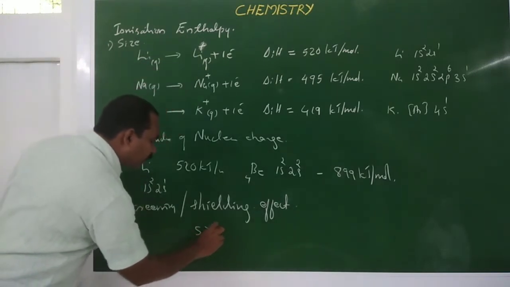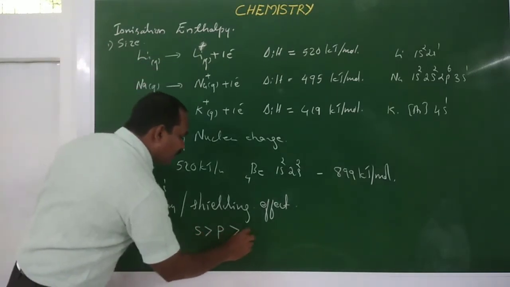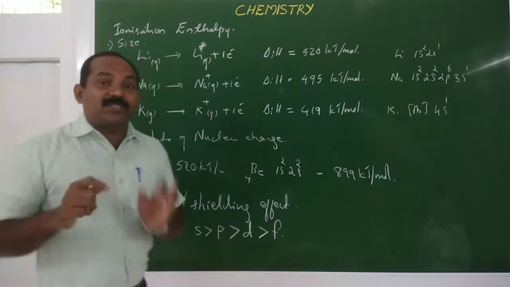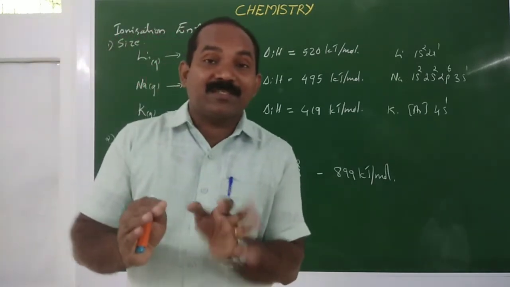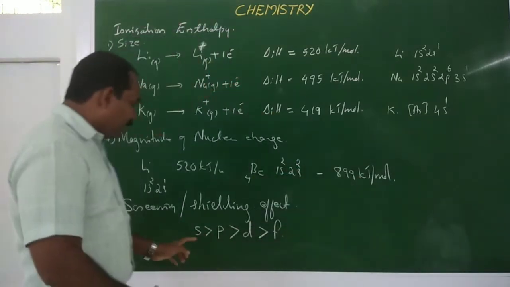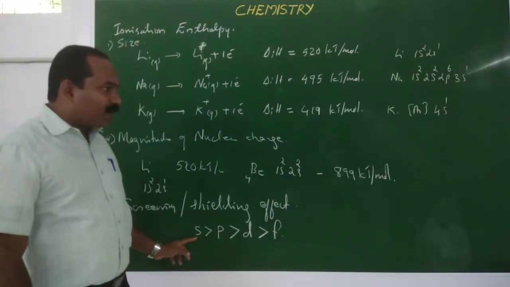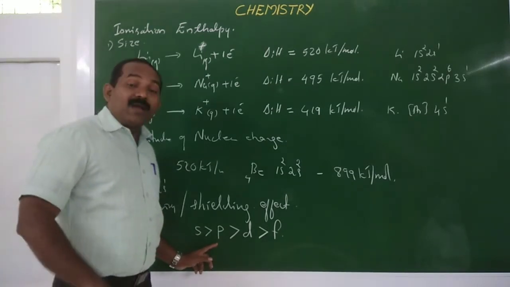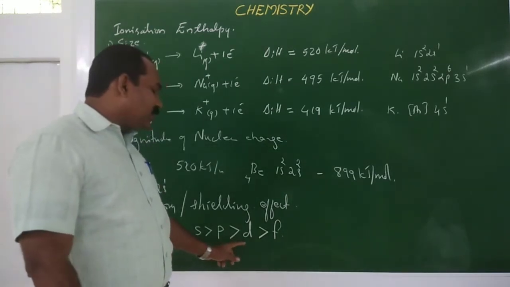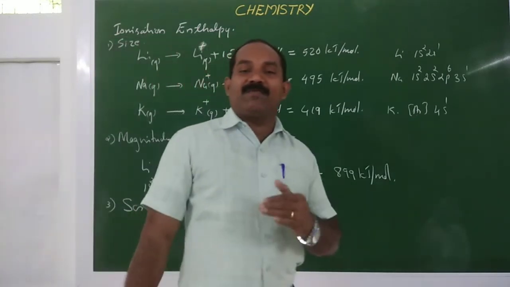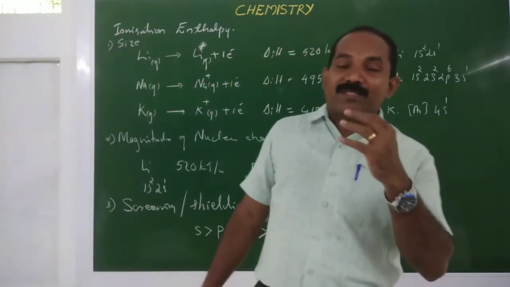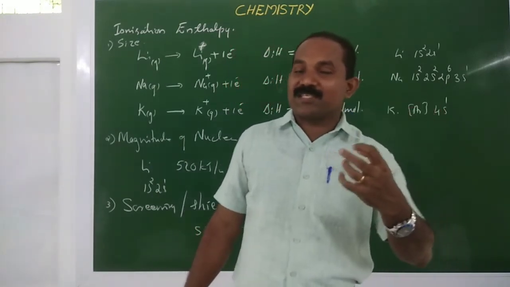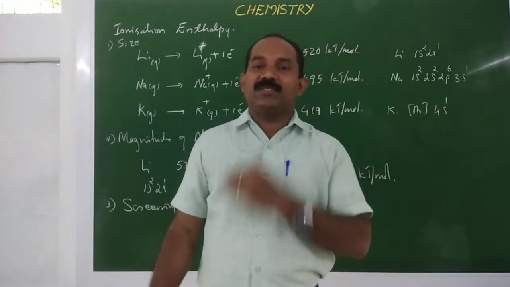S screens more than the P, than the D, and than the F. So which orbital screens more effectively? S orbital. Okay, S orbital screens more effectively than the P orbital, than the D orbital, than the F orbital. Okay, so screening effect or shielding effect increases, ionization enthalpy decreases.